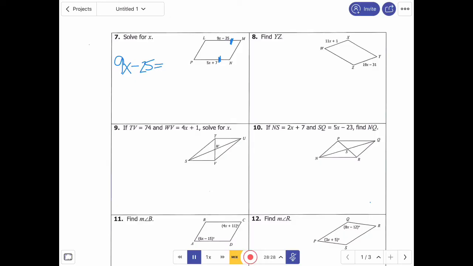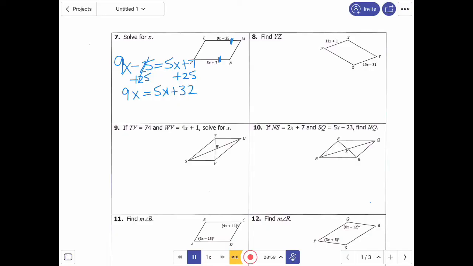So I'm going to have 9x minus 25 equals 5x plus 7. And then I'm going to combine my like terms, so I'm going to add 25 to both sides. And then I'm going to have 9x equals 5x plus 32, my bad.